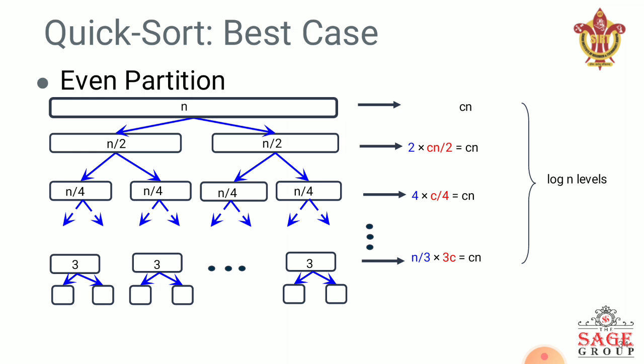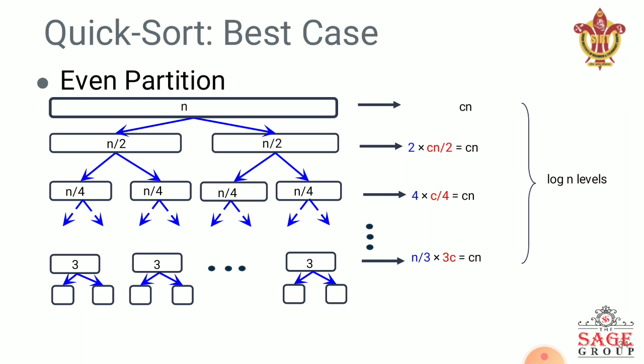Now we discuss the algorithm analysis of quicksort. In quicksort, if the elements are randomly given, or we apply an even partition, meaning approximately the middle position is returned, then if we are given an array of size n, the list is divided into approximately n by 2, n by 2 size.